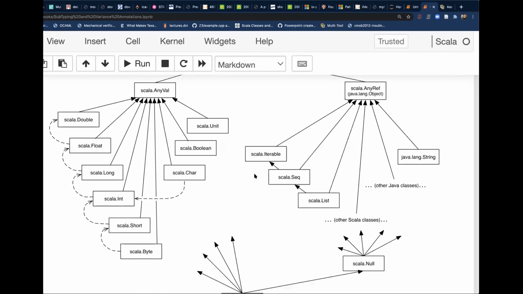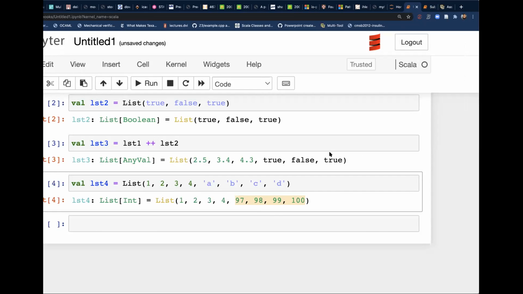And that is because of this dashed arrow. You see this dashed arrow there? That's the culprit. What Scala is doing is something called an implicit conversion. This is different; this is what is called implicit conversion or typecasting.